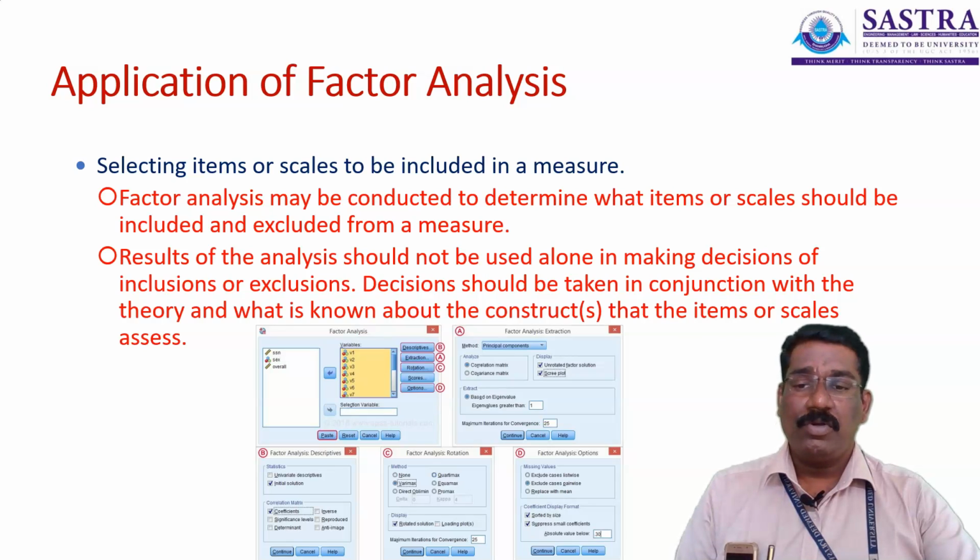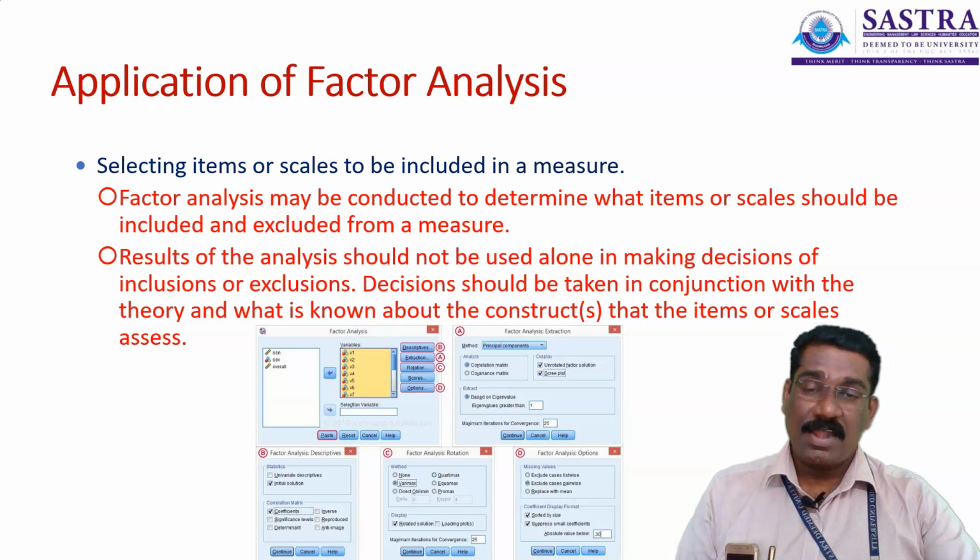Similarly, the results of the analysis should not be used alone in making decisions of inclusion or exclusion. Decisions should be taken in conjunction with the theory, and there should be a lot of supportive theory evidence whenever you consider factor analysis.